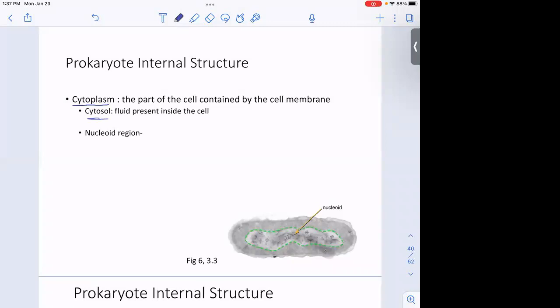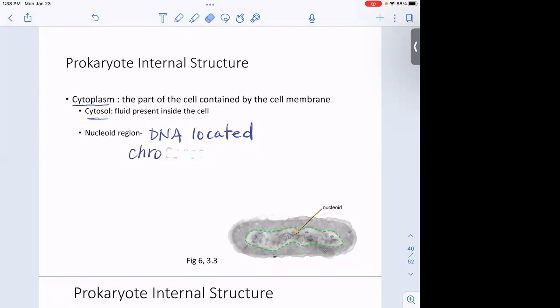For the prokaryotic cells, they have a nucleoid region, and that's where the DNA is located. There's no membrane around it. It's basically just a region of the cytoplasm. We'll talk more about how that DNA is stored for bacteria later on, but typically that involves a chromosome.